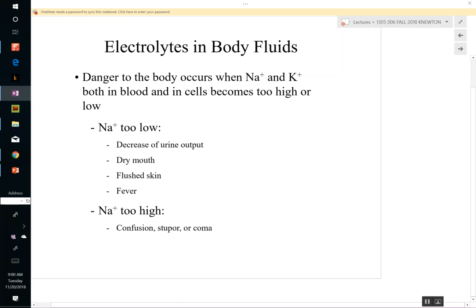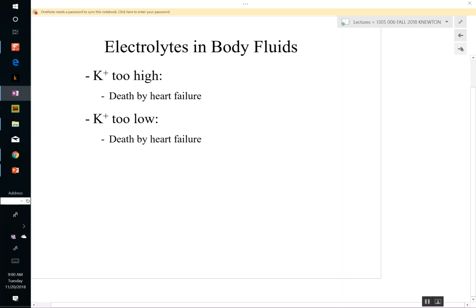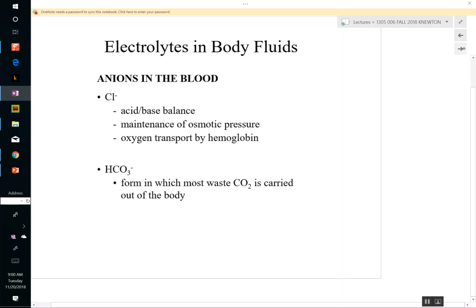Okay, if sodium is too low, you start feeling thirsty, fever. If it's too high, you can go into a stupor. And if potassium is too high or too low, it can affect the heart in a very dramatic way. Other ions floating around in the blood are chloride ions. The sodium and potassium are positive ions.